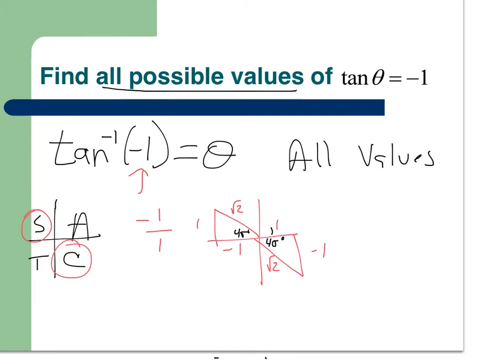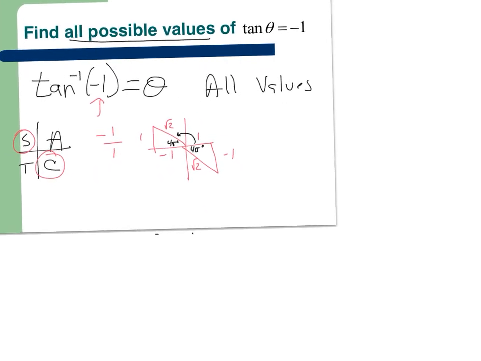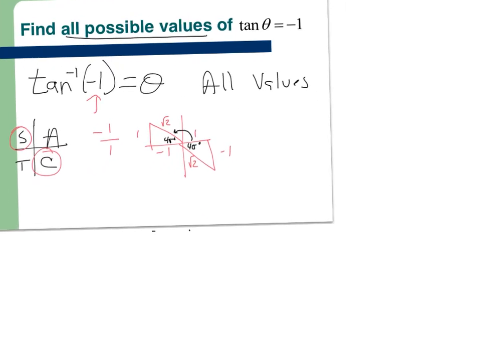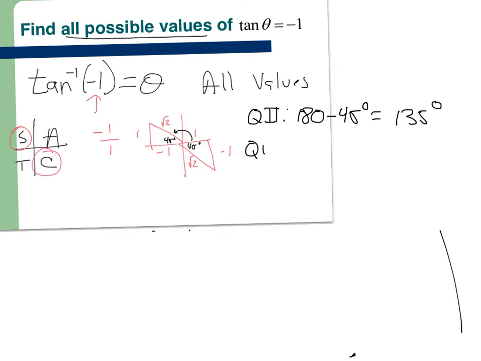So what's our actual angle rotation? I'm going to go ahead and shrink this, get a little bit more room. So my second quadrant angle is going to be 180 minus the 45. And that's going to equal the 135. If I'm in the fourth quadrant, this one might be a little bit easier, right?